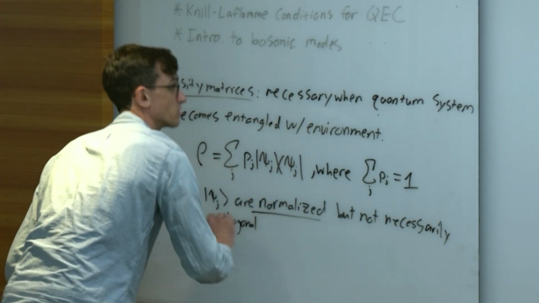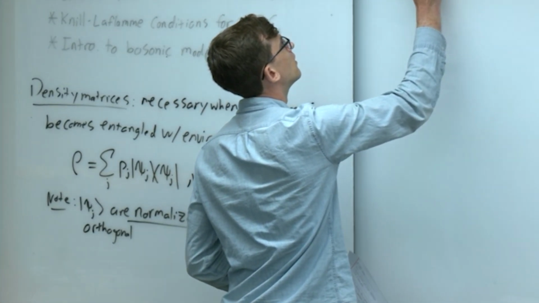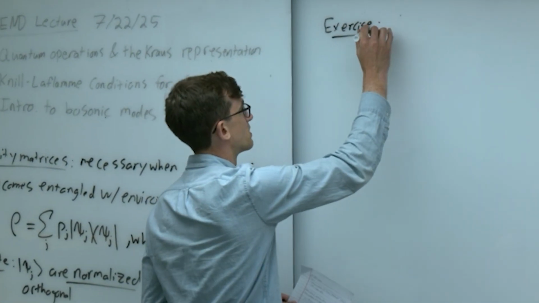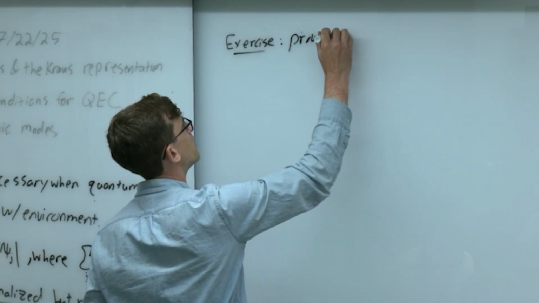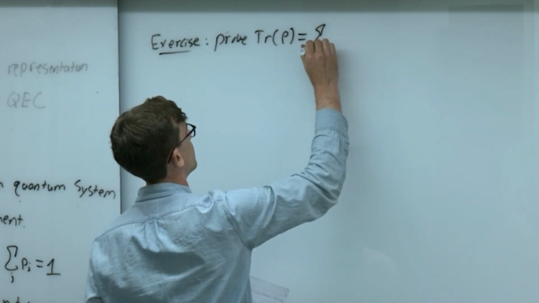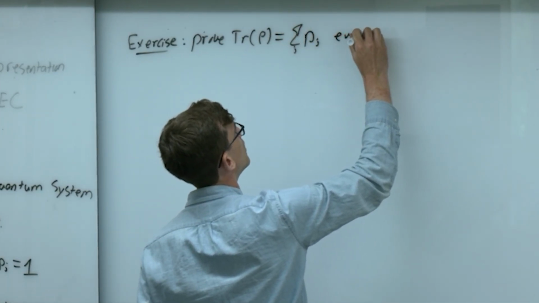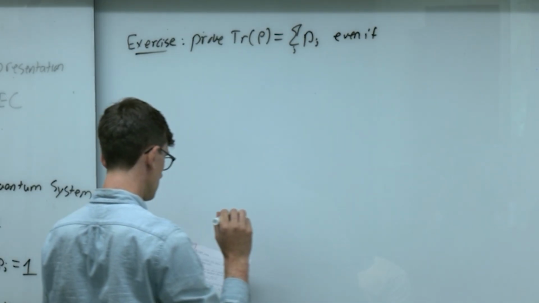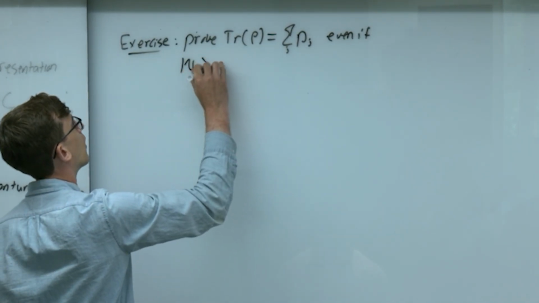So a nice exercise is to prove that the trace of rho is equal to the sum over j of p_j, even if the psi_j are not orthogonal.